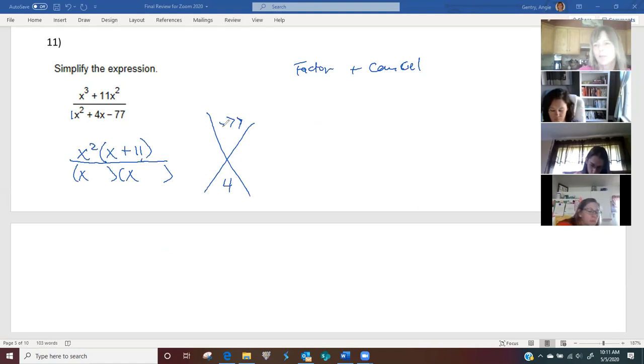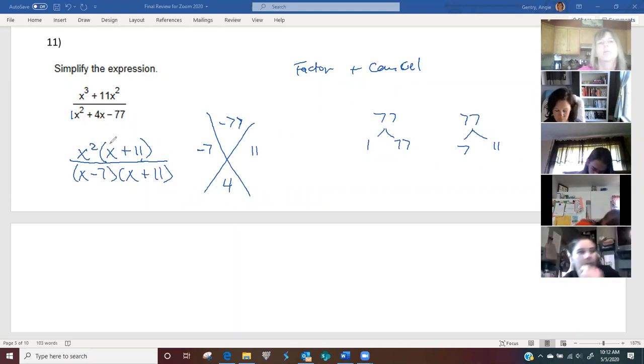And then you fiddle with that 77 until you find a number. 77 is fairly easy because 77 is 1 times 77, or 7 times 11, and then you really don't have other options, and it's going to work out. I need a negative, so it's going to be 11 minus 7 to get that positive 4. Order doesn't matter.